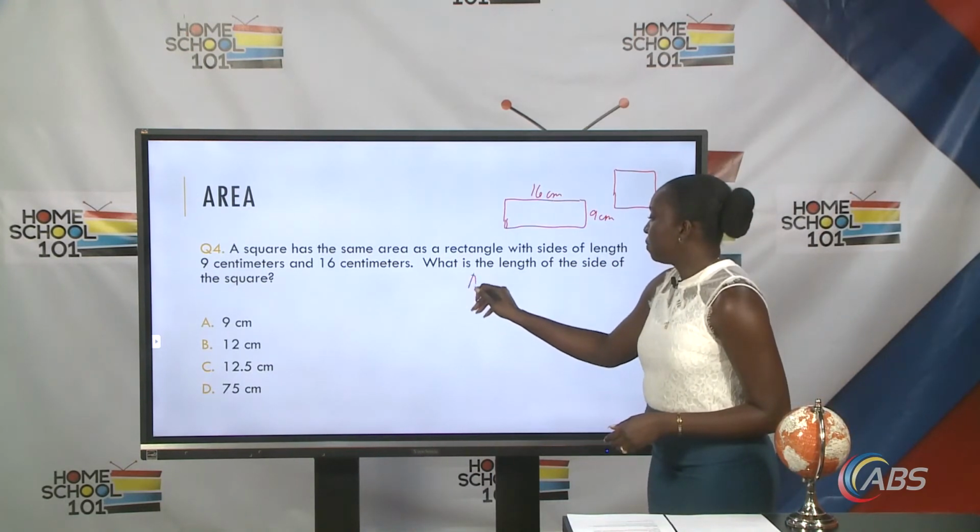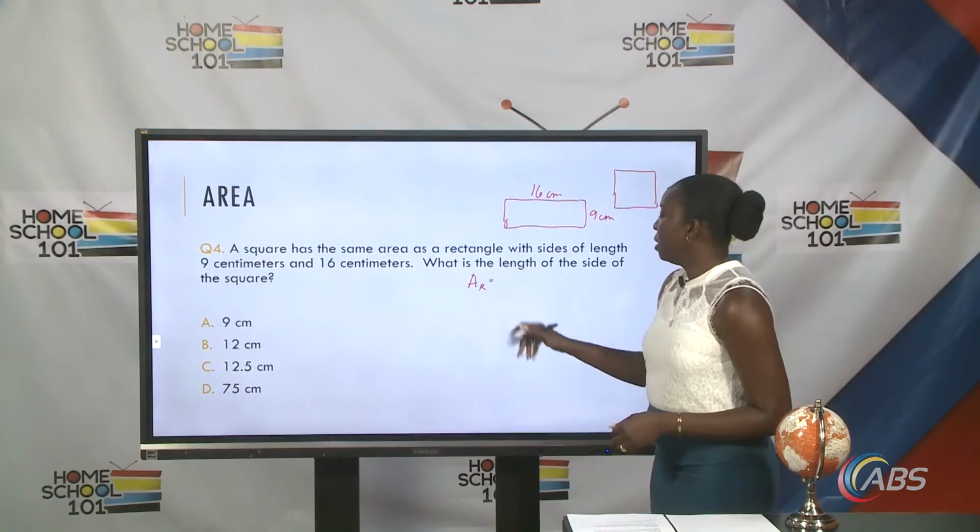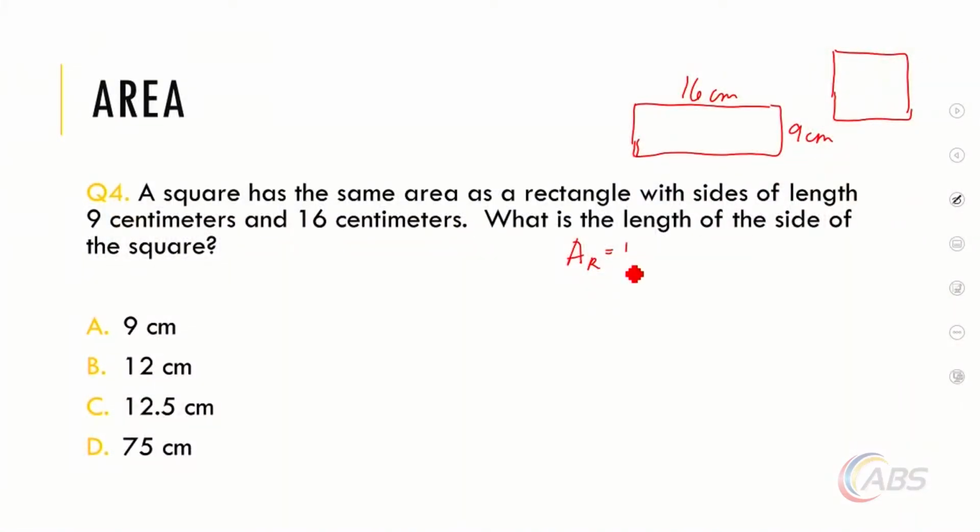If I start with the area of the rectangle, length times width, the length is, let's say 16, and the width is 9. Doesn't matter which one. And so we just multiply 16 by 9, and 16 times 9 is actually 144. So the area of the rectangle is 144 centimeters squared.